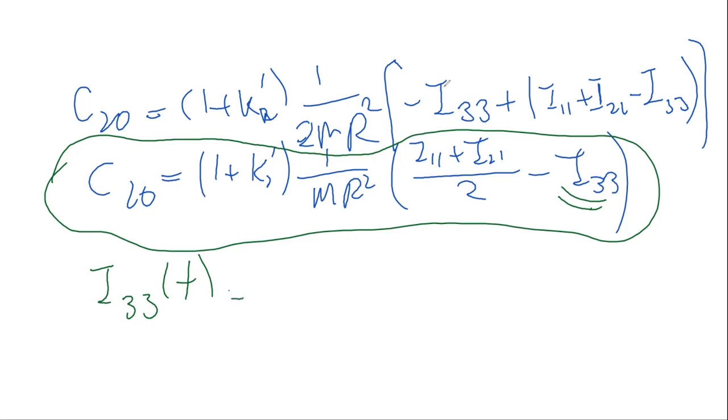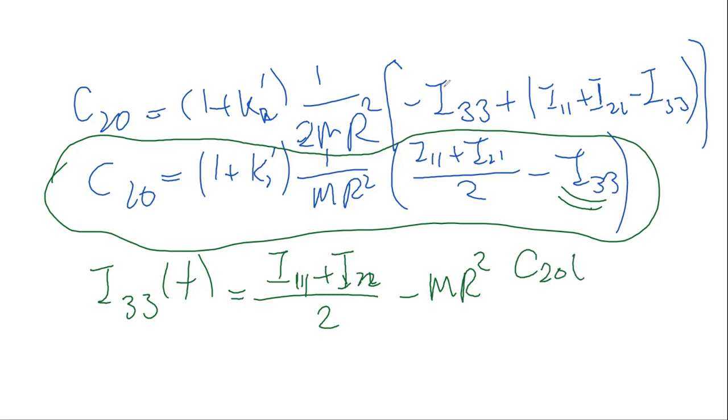Then I can simply write I22, the average of the moment of inertia, and equatorial actually, minus M R squared C20 over 1 plus k2.